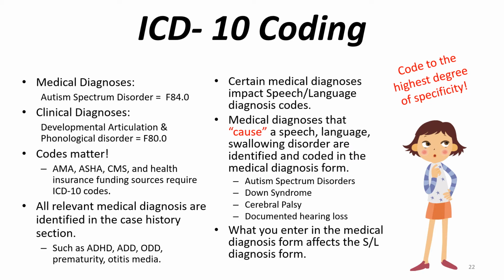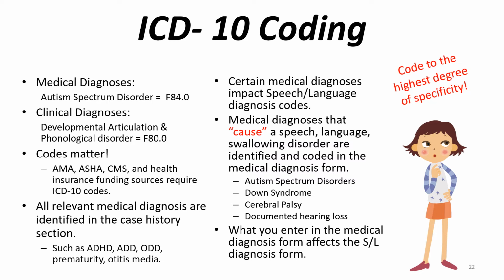All relevant medical diagnoses are identified in the case history section of an evaluation, but only medical diagnosis codes that cause a speech, language, or swallowing disorder are coded. Examples of these organic causes of a communication or swallowing disorder include, but are not limited to, autism spectrum disorder, Down syndrome, cerebral palsy, and documented hearing loss.